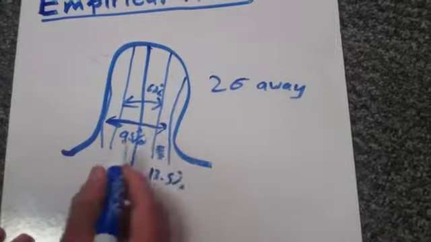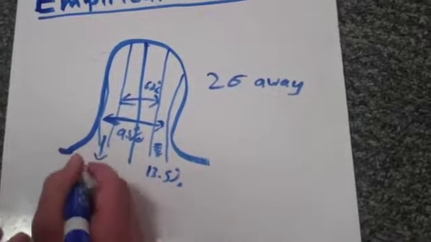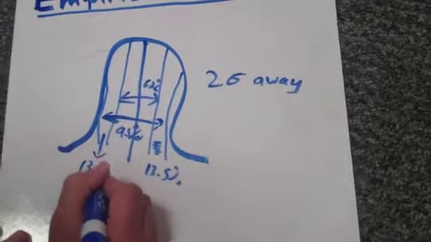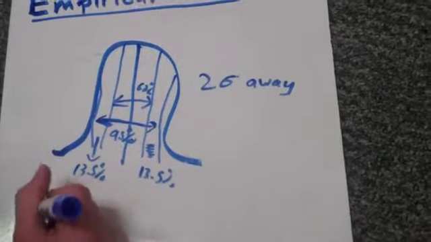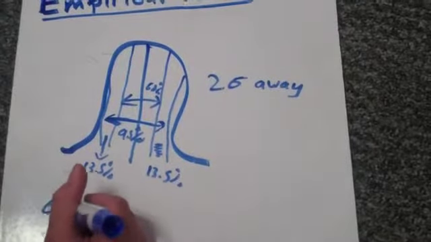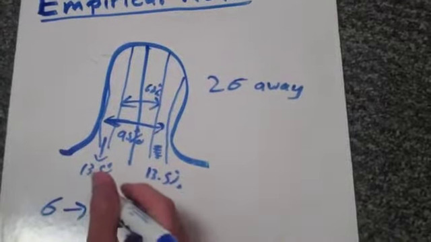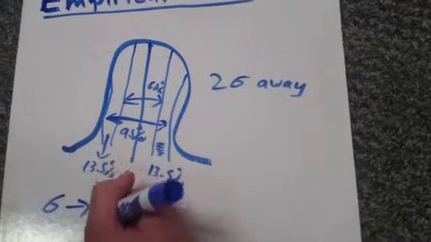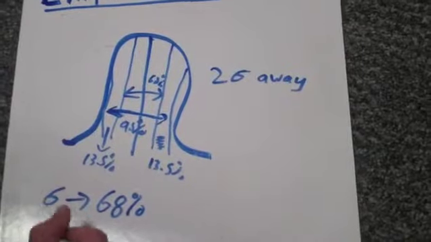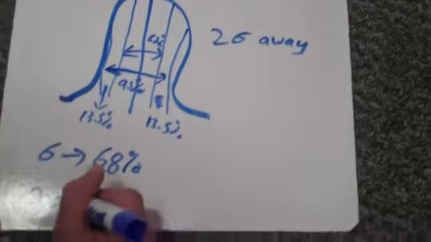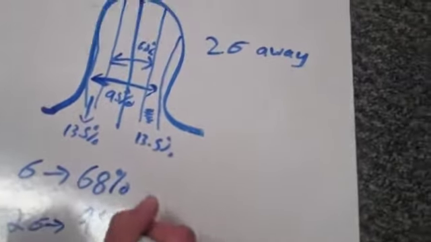Basically, within this portion right here, you will have 13.5% of the data, and here you will have 13.5%. So if you have one standard deviation away from the mean, that's where 68% of our data will lie. 2 standard deviations, we will have 95% of our data.